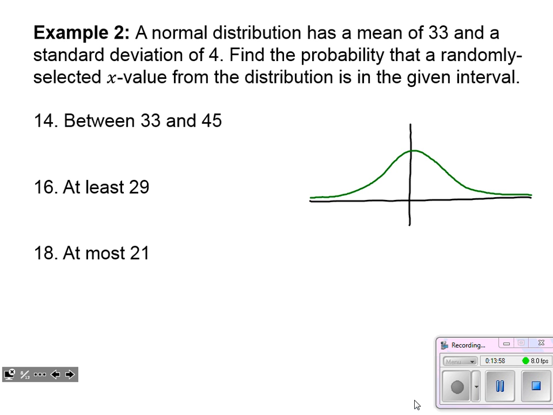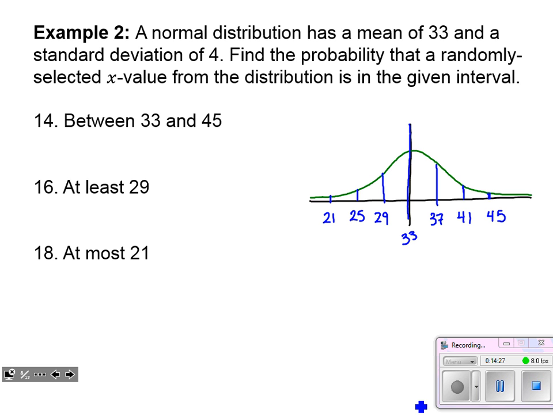And then if this right here is 33 and that is our mean, our standard deviation is 4, so let's construct our wedges here. One step above would be 37, moving up one standard deviation, then move up again, that would be 41, move up again, that would be 45. Let's go down the other way and construct the wedges to the left. That'd be 29, 25, and 21.